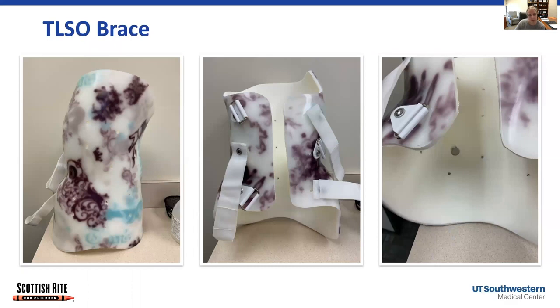So this is a TLSO brace, a thoracolumbar sacral orthosis. And this would be a brace that's worn 18 to 20 hours a day, typically used for either curves in the thoracic spine or curves in both the thoracic and lumbar spine. And if you look at this picture on the right here, there's a little button, and that button allows us to measure exactly how long the patient is wearing it during the day so we can assess their compliance.